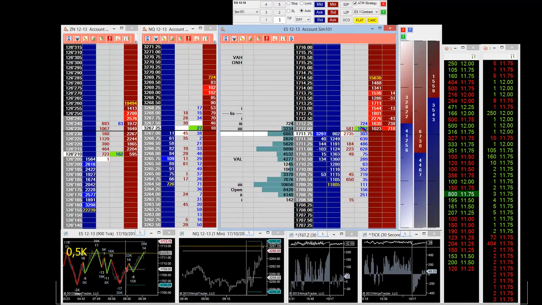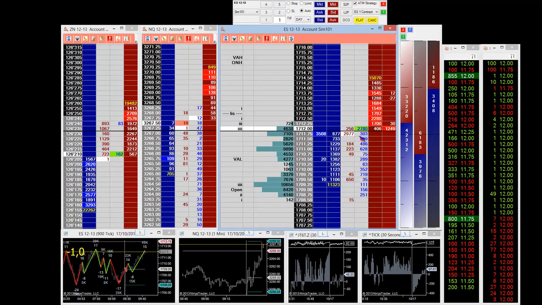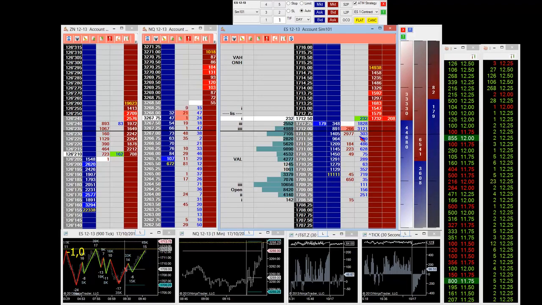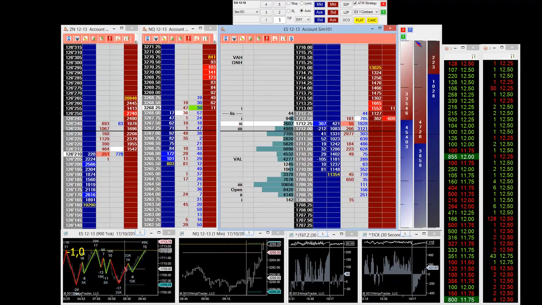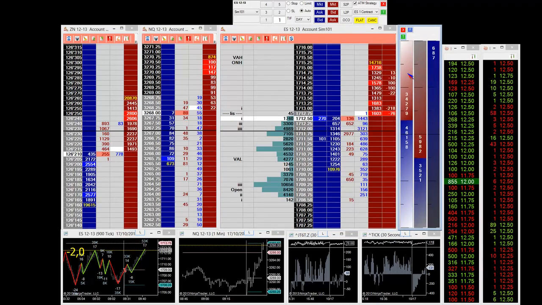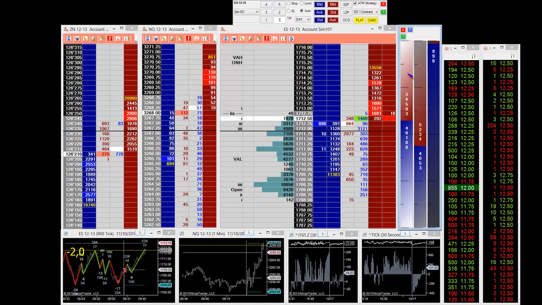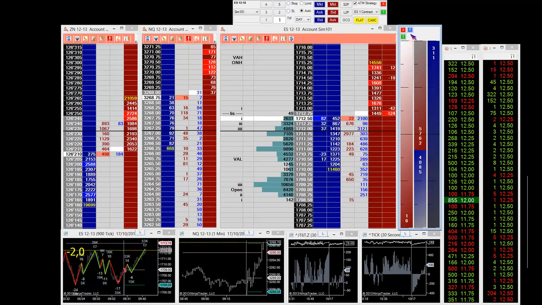So that's one way of looking at actual orders that are executed, and that's just showing us buys on one side, sells on the other. Another way to look at that is this window to the right, and we've got three red and blue, we call them strength meters. Okay, now let me just reset the strength meter.